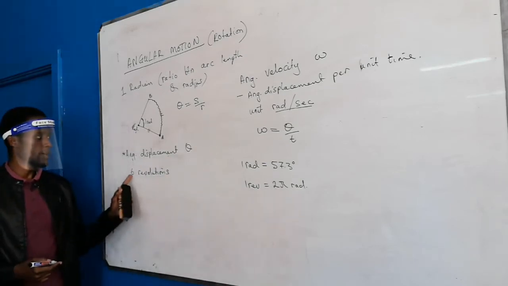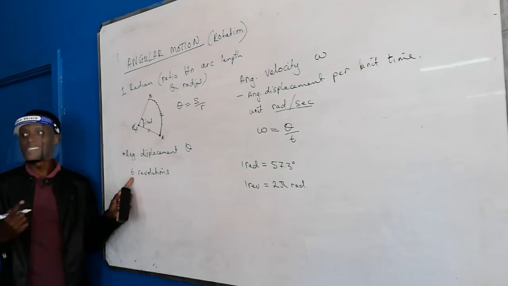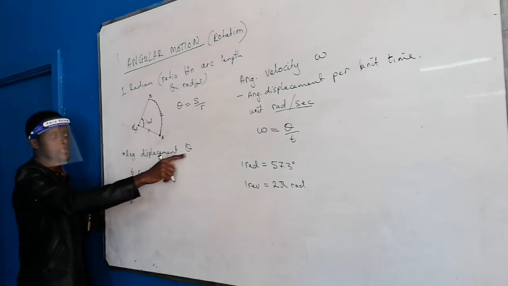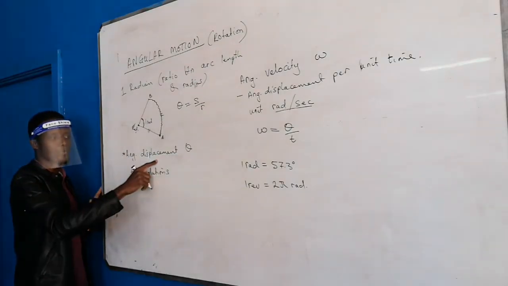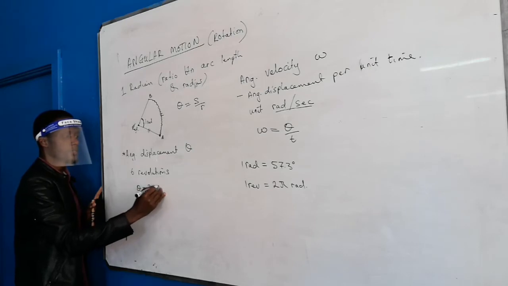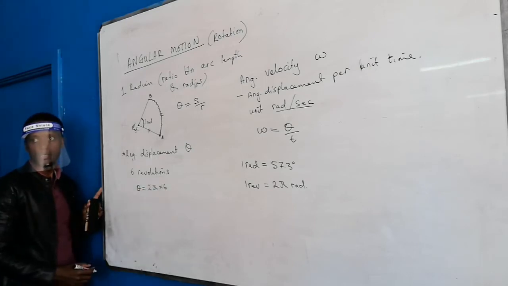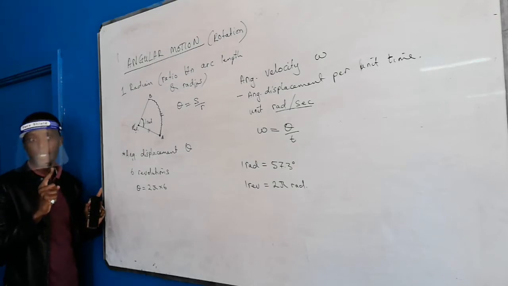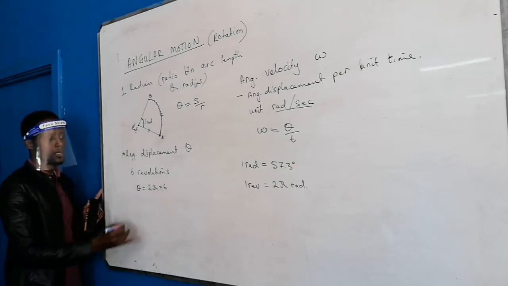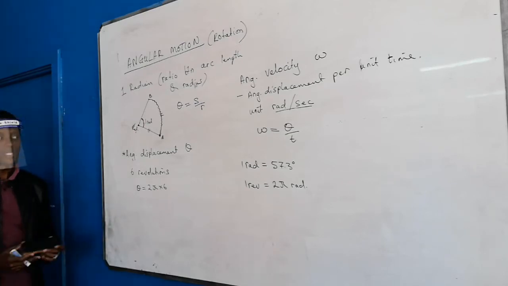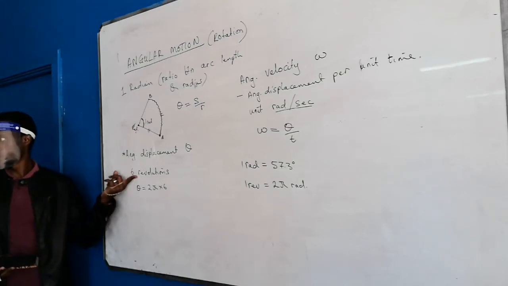Another revolution is 2 pi. Right? Now you've made 6 revolutions. The angles you have covered, or the angular displacement you have covered, will be 2 pi times 6. 2 pi is just for one revolution. Now you've made 6. Whatever answer it gives you, that is your angular displacement after 6 revolutions.